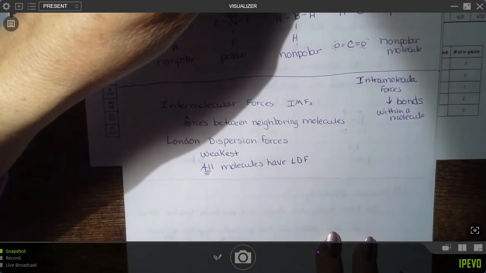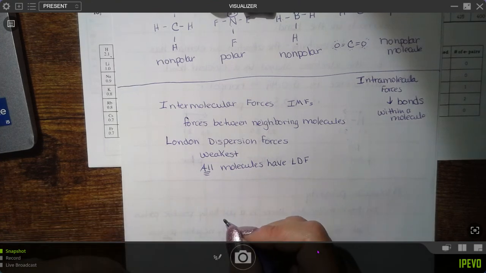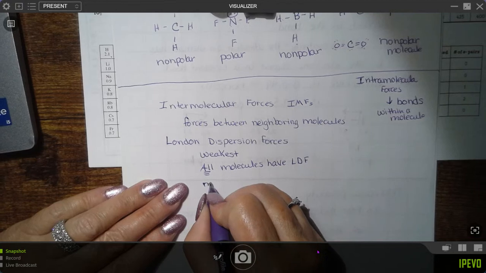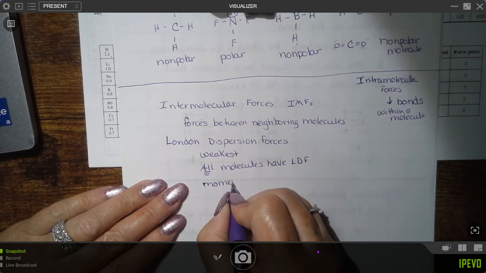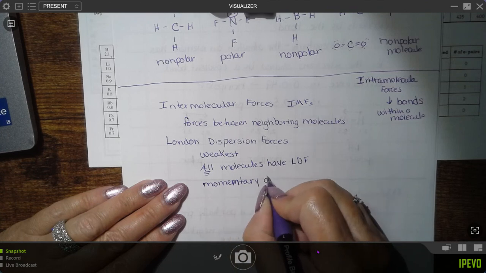What a London dispersion force is, just to refresh our memories, is a momentary dipole.